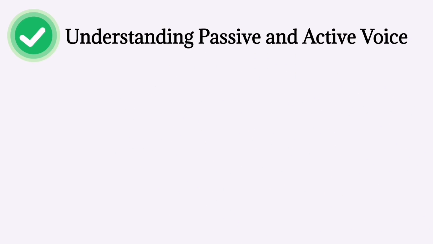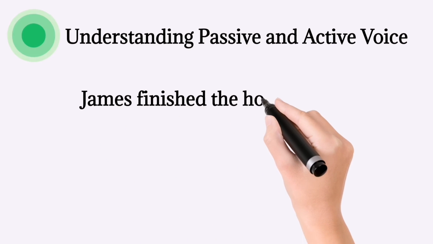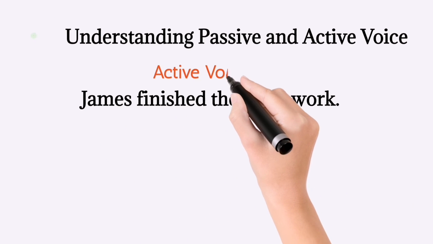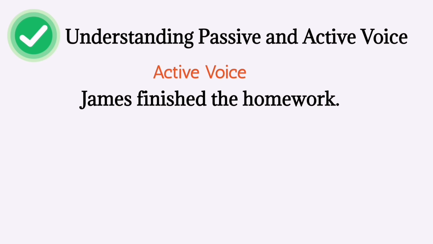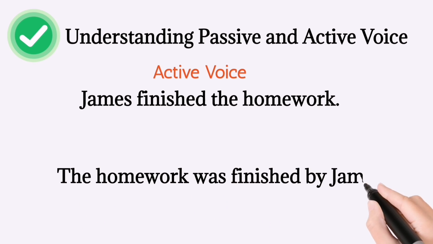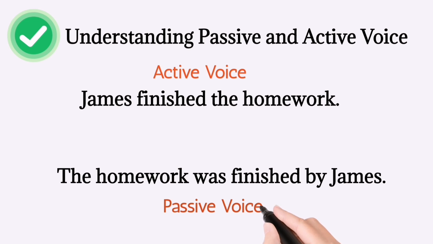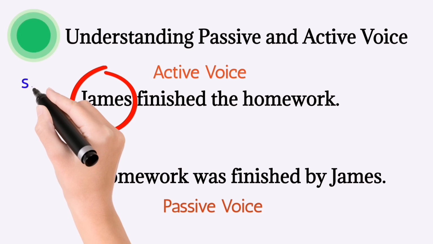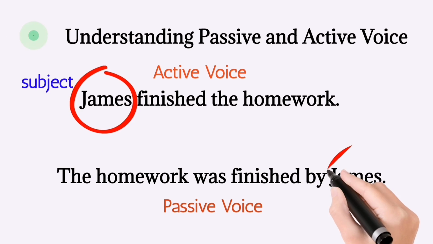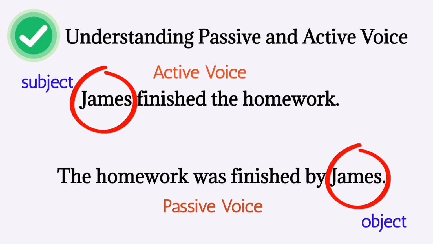To better understand the active and passive voice, let's bring out again our examples used a while ago. James finished the homework, which is in active voice. The second one is, the homework was finished by James, which is in passive voice. Look closely at the sentences. In active voice, the subject is James, but in passive voice, it becomes the object doing the action.